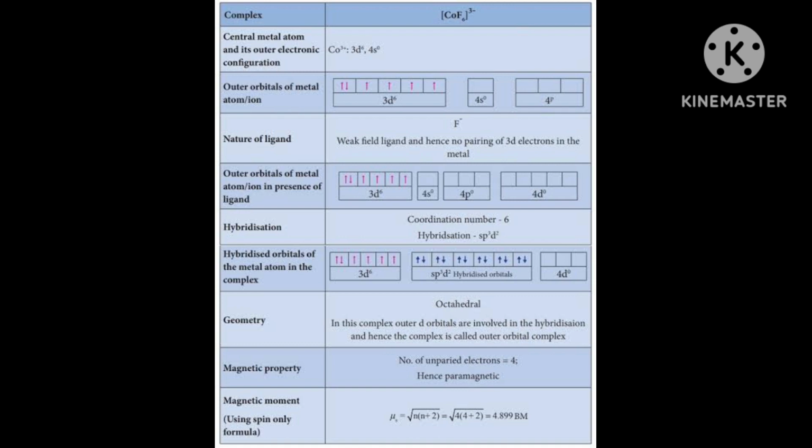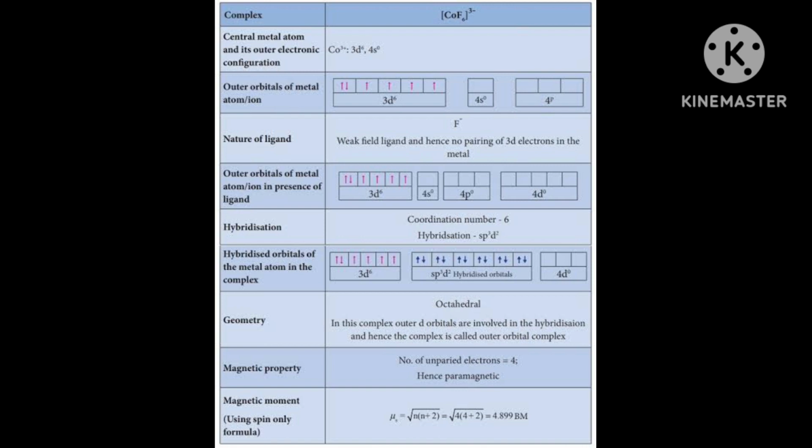Okay, but here the inner d orbital has taken part, and all orbitals are fully filled. A total of 6 orbitals are there, all called d2sp3.